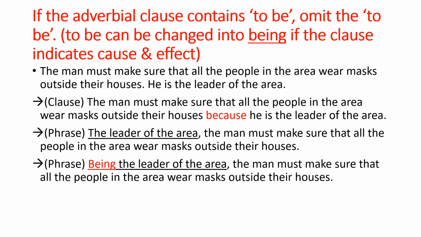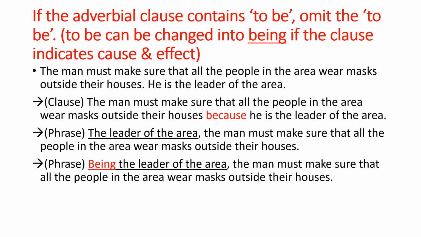We can use clause so that we can combine the two sentences into, the man must make sure that all the people in the area wear masks outside their houses because he is the leader of the area. And we can reduce this clause into phrase and the sentence will become, the leader of the area, the man must make sure that all the people in the area wear masks outside their houses.